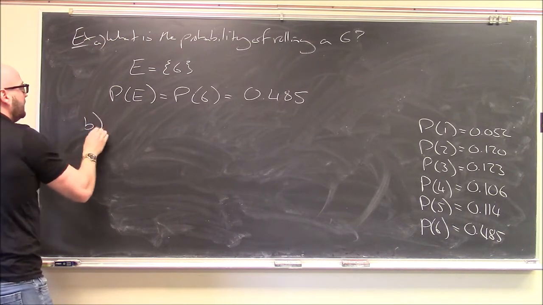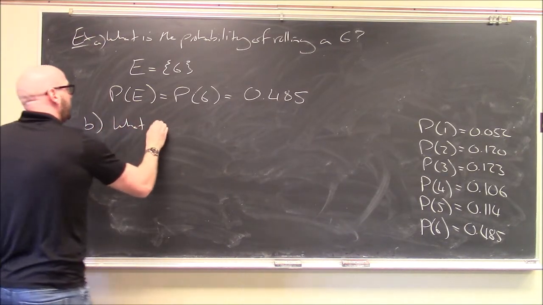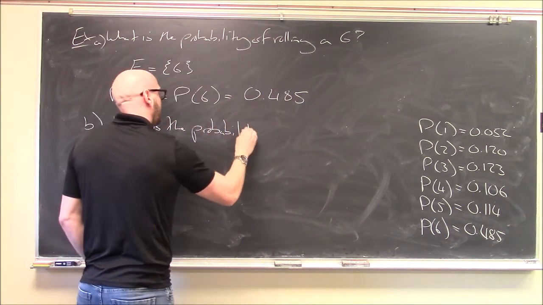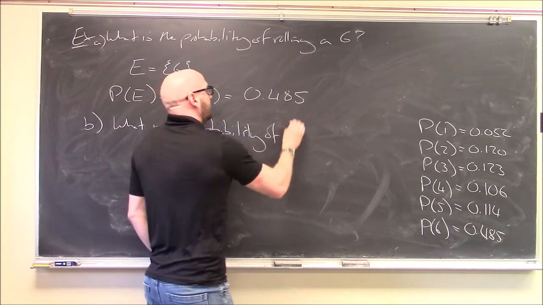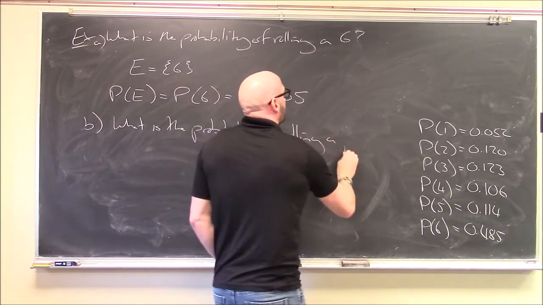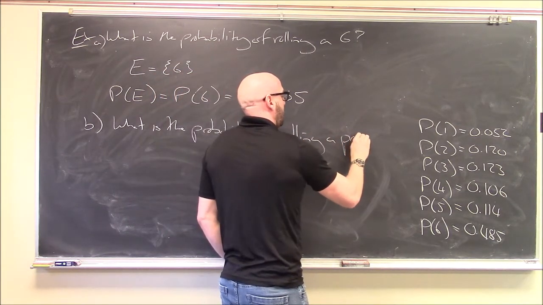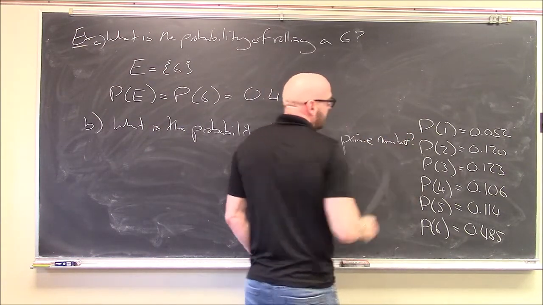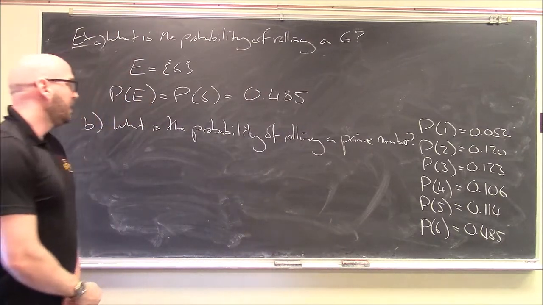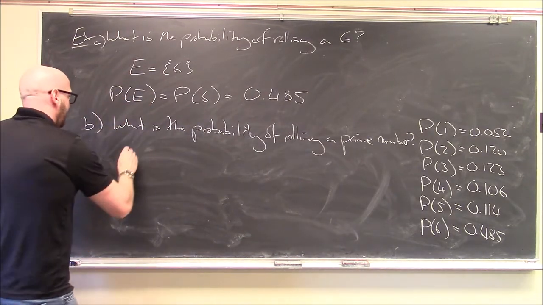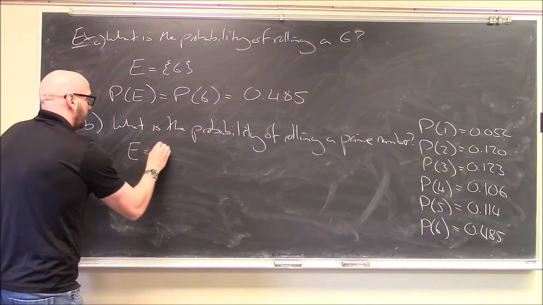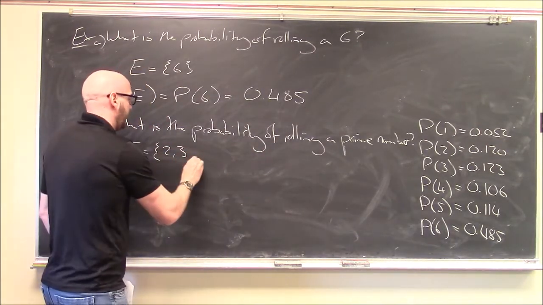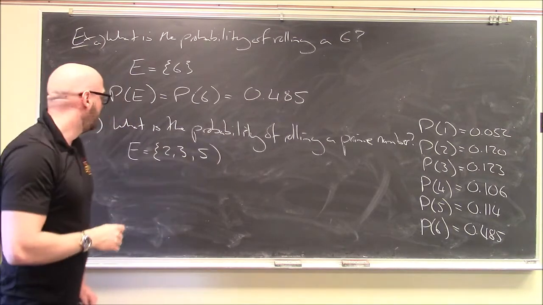Okay, so there's one. How about the probability of rolling a prime number? So what does this event correspond to? If I roll a prime number, then I've either rolled a 2, a 3, or a 5.